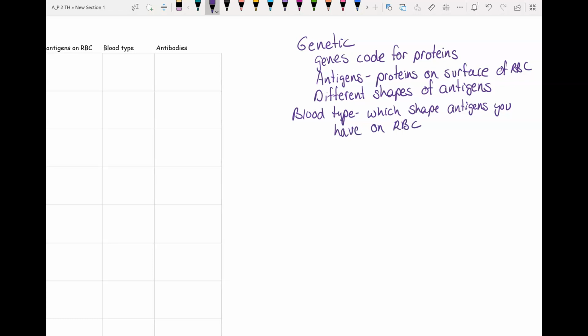So there are 2 different genes that give you antigens on your red blood cells. There is the ABO, and there is your Rh positive or negative.